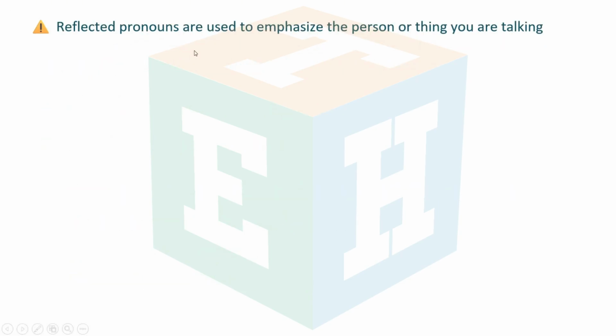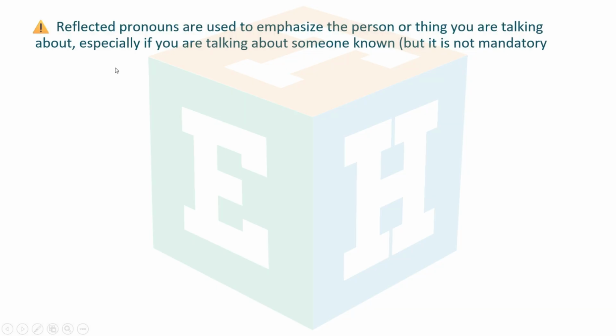Reflexive pronouns are used to emphasize the person or thing you are talking about, especially if you are talking about someone known, but it is not mandatory to use a reflexive pronoun.